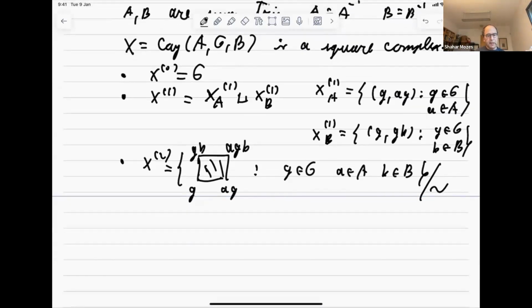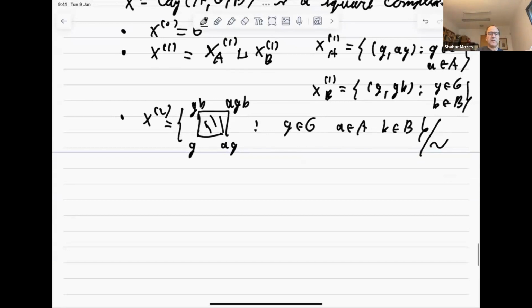It's convenient to assume all the time a condition that the two sets A and B are really different: no element of A is conjugate to an element of B. So this is the square complex, the left-right Cayley graph.